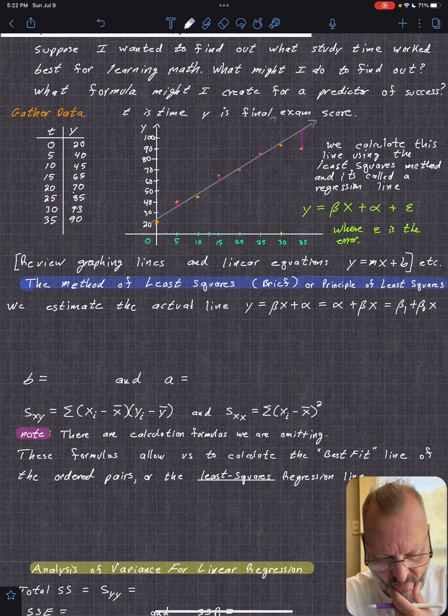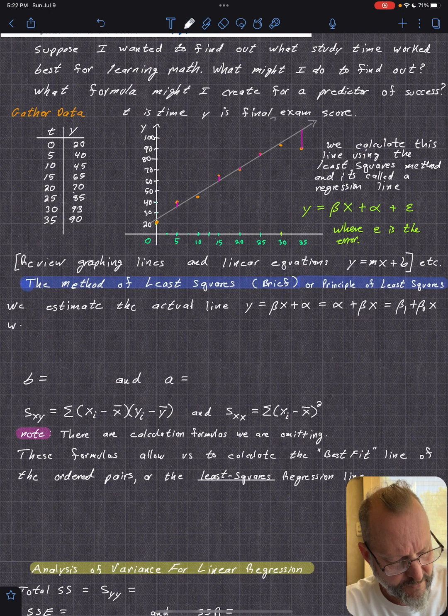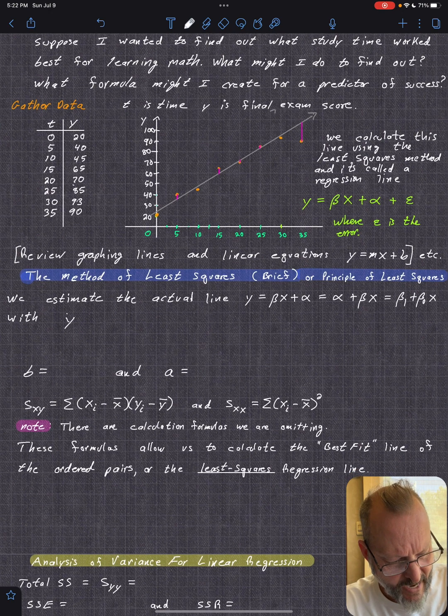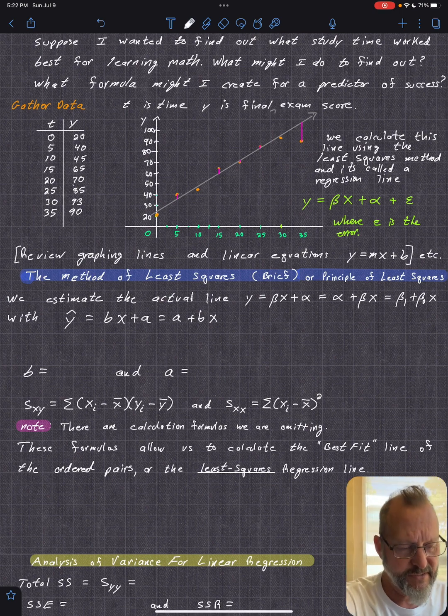Okay. All right, so we estimate that actual line with y hat equals bx plus a, or those stat people will write a plus bx, just to confuse us, I guess.